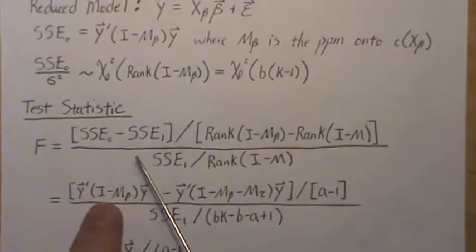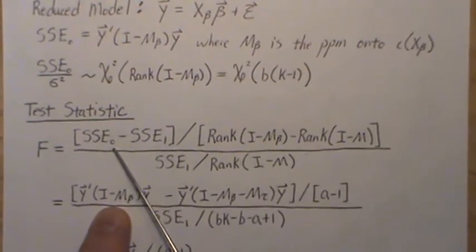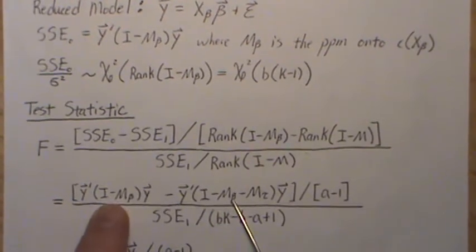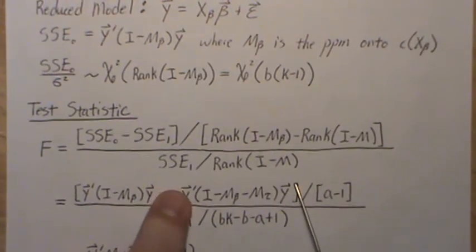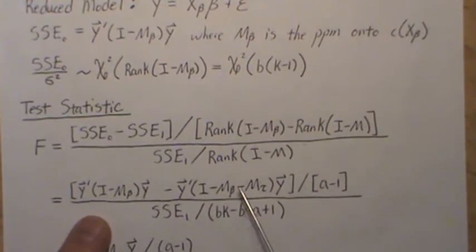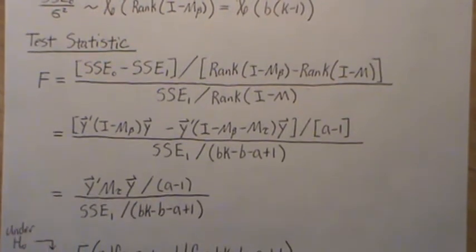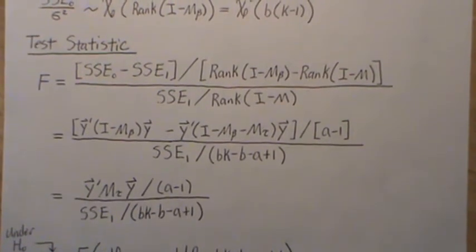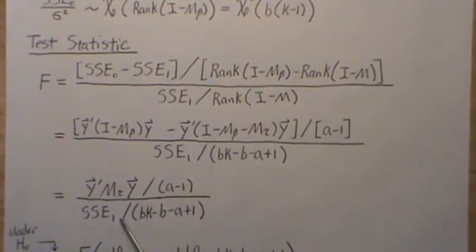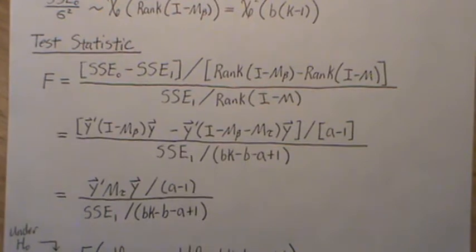But now if we start plugging in what we know, the sum of squared error under the null hypothesis is this, the sum of squared error under the alternative is this. Now we can distribute the y's, and this cancels with that, and we're left with this right here, Y transpose M tau Y, divided by its degrees of freedom, divided by S, the sum of squared error under the alternative, divided by its degrees of freedom.